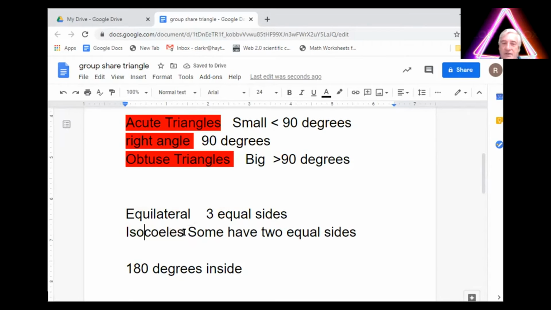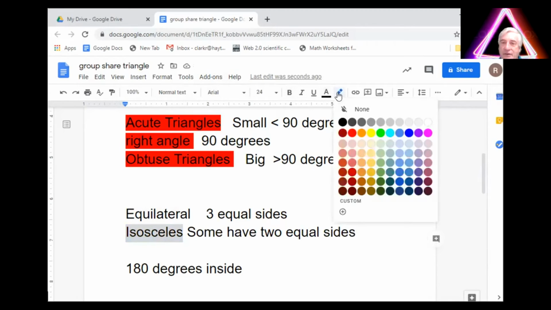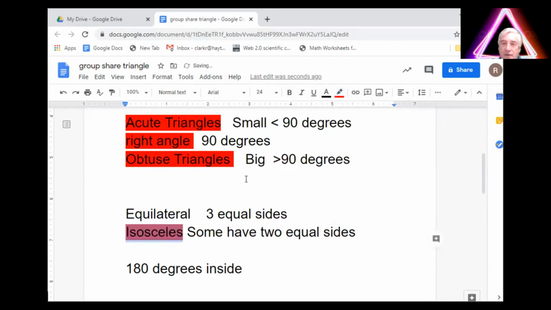Does that look like isosceles? Isosceles, spell it the way it sounds. Let Google Doc take care of it. Isosceles is the proper spelling there. And that's one of the words I wanted to talk about today, so we'll highlight it. And then equilateral.